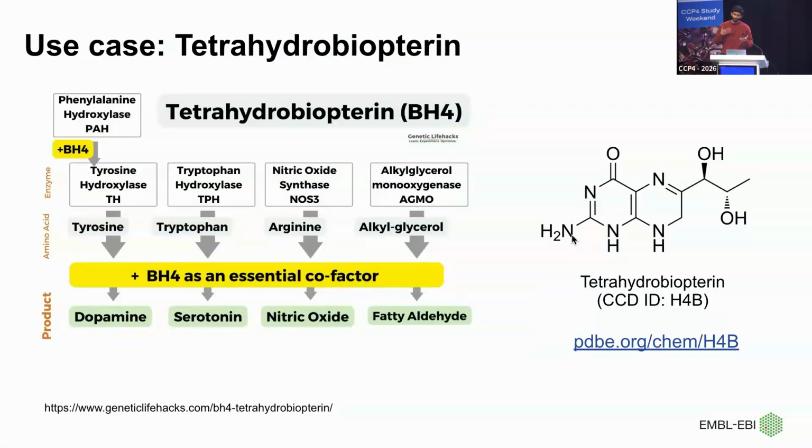Just to motivate what kind of questions you can ask, I'm going to take a simple example, tetrahydrobiopterin. This is a cofactor molecule with a biological function. For example, it's a cofactor for creating neurotransmitters like dopamine and serotonin, and it's a cofactor for phenylalanine hydroxylase, where it converts phenylalanine to tyrosine.